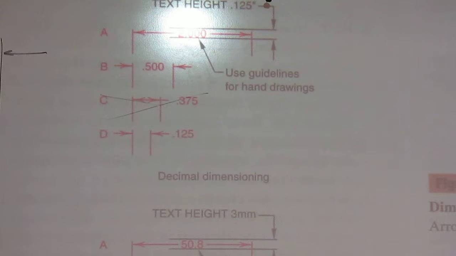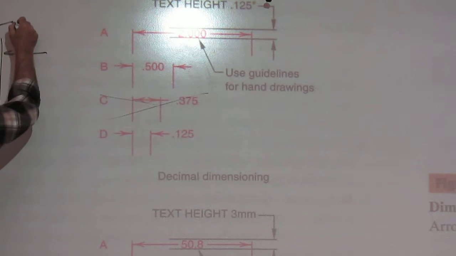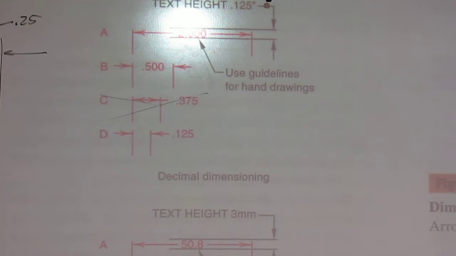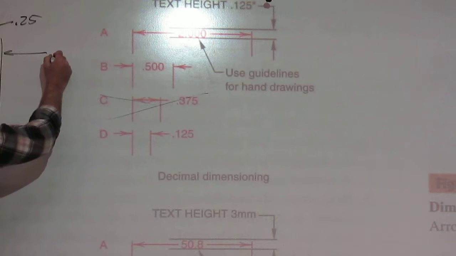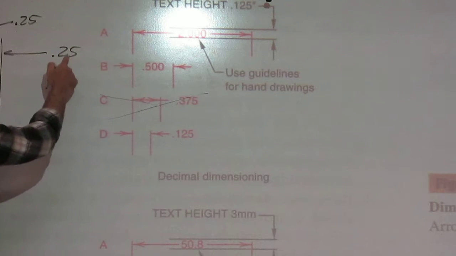If I don't even have enough room for the text, what I would then do is pull a leader. So if I don't have room, I might then come out and do 0.25, and I can use a dot or an arrow, and then I would do the same over here. That goes into that area. That's only if I can't put it over here, because this would be the preferred location.